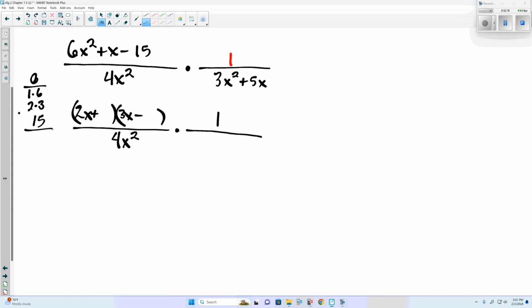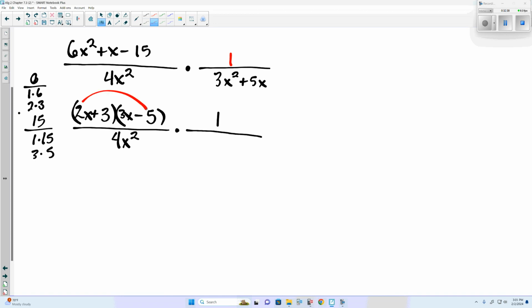Factors of 15 are 1 and 15, 3 and 5. Now we can't put the 3 and 3x together because that would give us a greatest common factor. And even though I didn't state it, 6x squared plus x minus 15 does not have a greatest common factor at all. So we have to put the 3 with the 2x, 5 with our 3x.